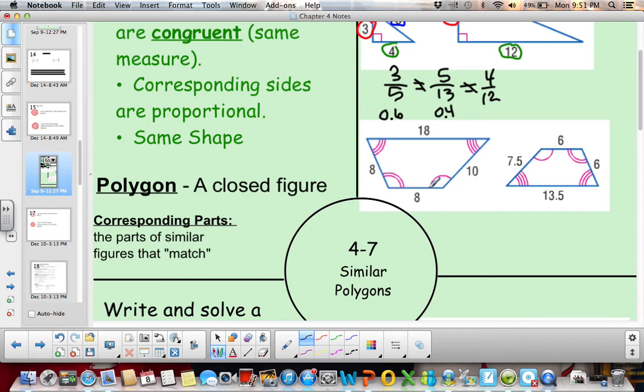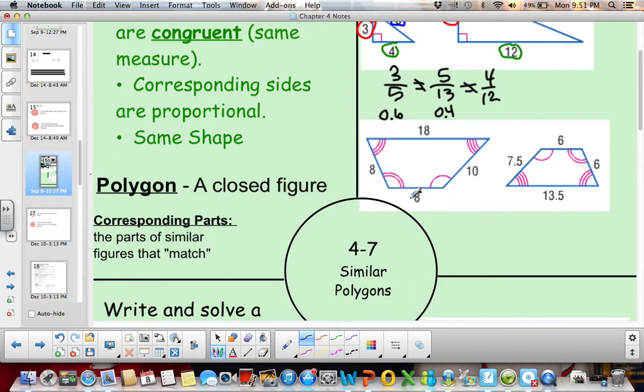These half circles right here tell us that the angles are congruent. So this tells me that this angle right here is congruent to this angle right here. Same with the one with 2 and 2, and then we have the 3 and 3, and the 4 and 4. So this can help me figure out a little bit which goes with which.